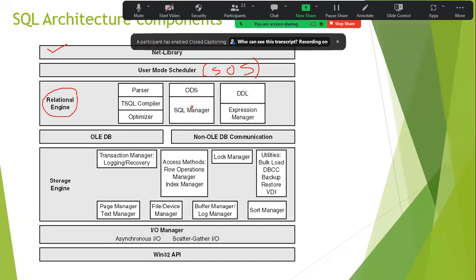I will talk about all these; I'm just giving the main components. So the relational engine, then the next one is the storage engine. Next, definitely, if you need some data, it will go to the disk, and then it will have the Windows API. These are the main components of the SQL Server architecture on which the database engine is designed.